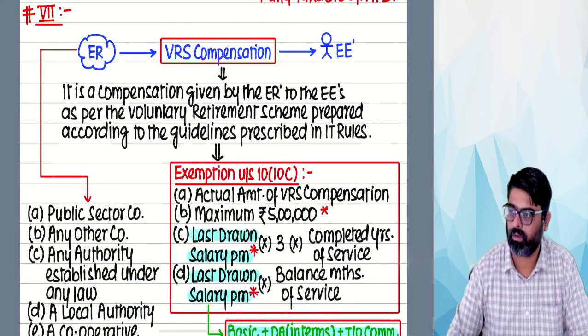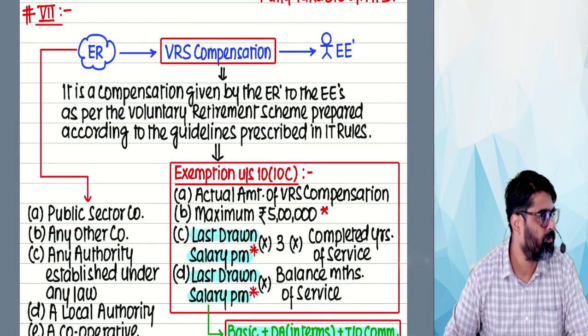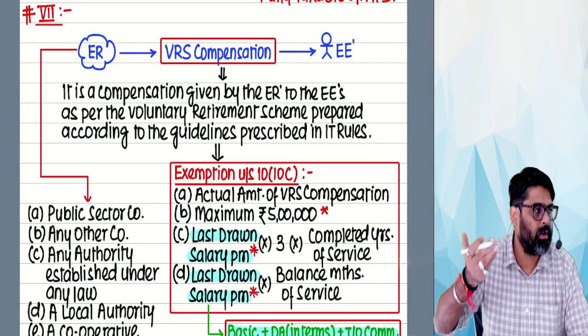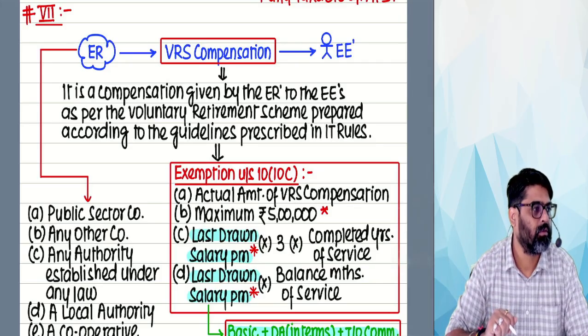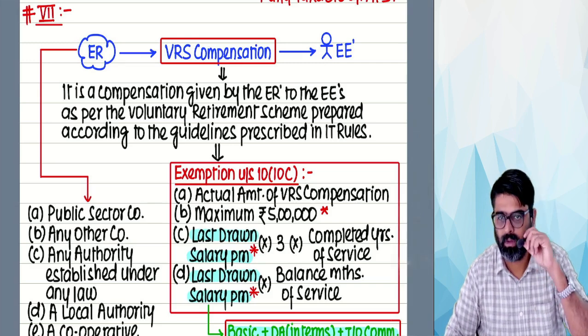VRS compensation. See, the full form is voluntary retirement scheme. Even before your retirement age comes, right now only you are taking voluntary retirement. Can you do that?